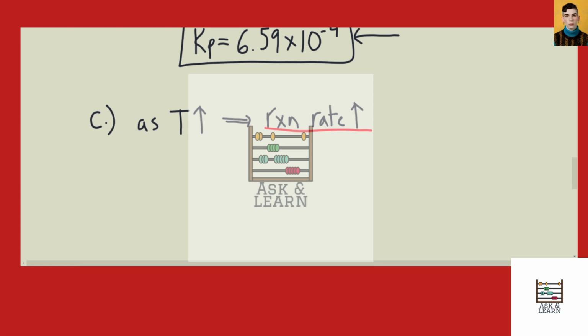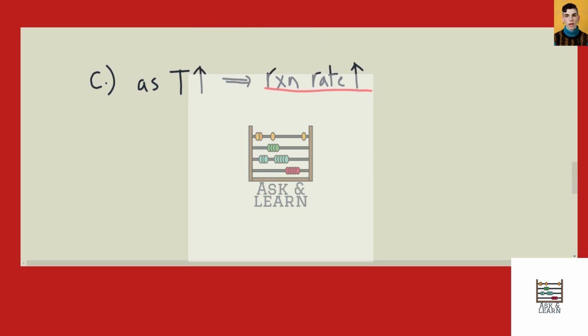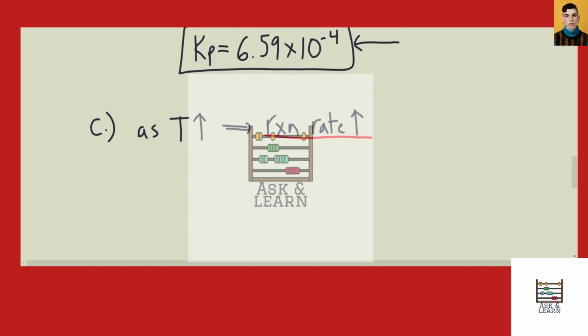And when we have a higher rate, it means that we can produce more product in a shorter amount of time. And so in industry, it's more important to be producing product in a short amount of time than it is to be producing a lot of product but in a longer amount of time. And so that is why in practical applications, this process is run at higher temperatures.